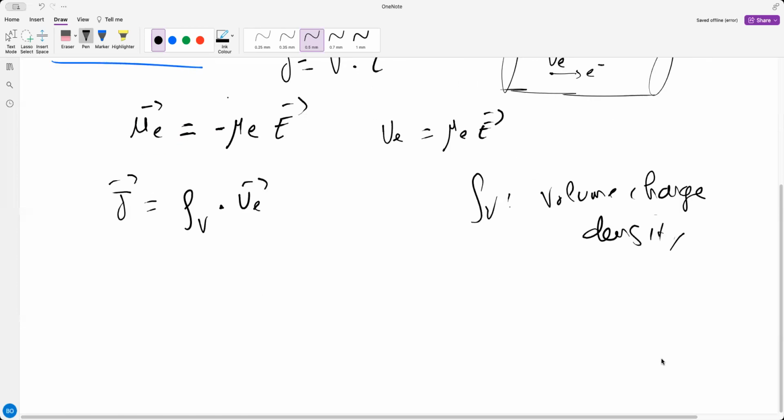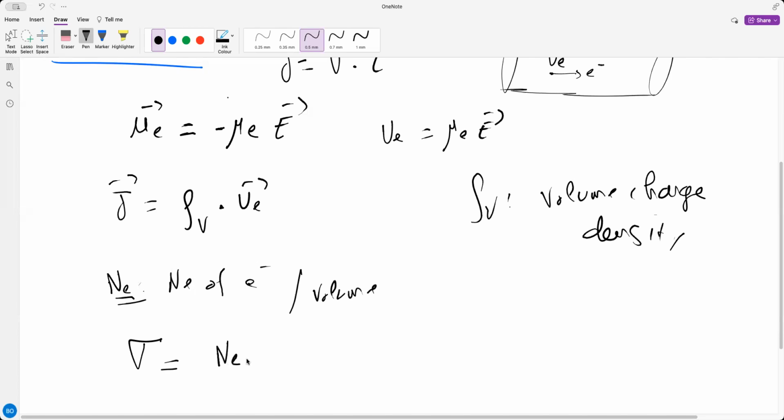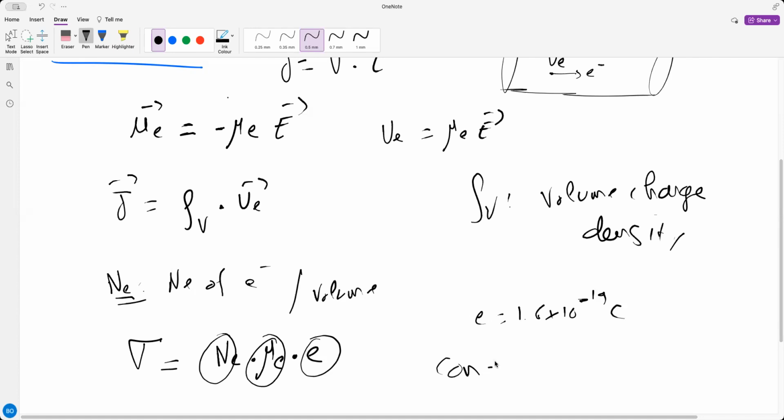We also talk about the number of free electrons per volume, the number of electrons that can move per volume, and the conductivity can also be expressed as the number of electrons times the mobility of electrons times the charge of electrons. So this is the number of electrons, the mobility, and the electric charge, which is 1.6 times 10 to the minus 19 coulomb.